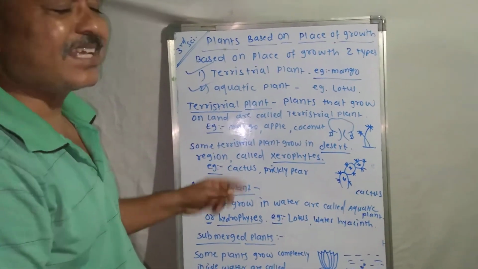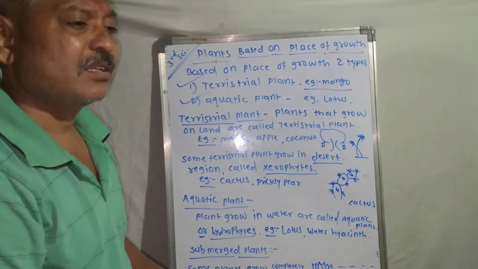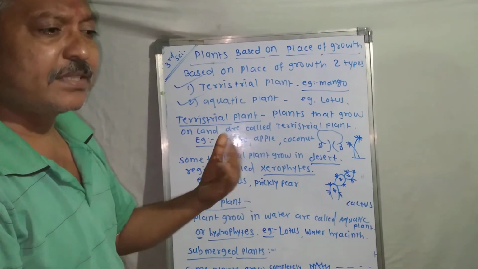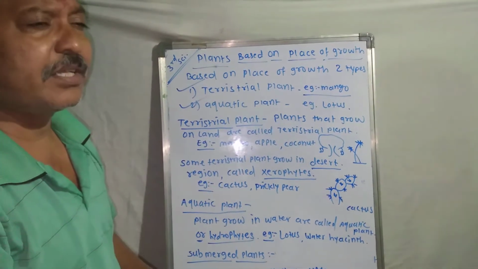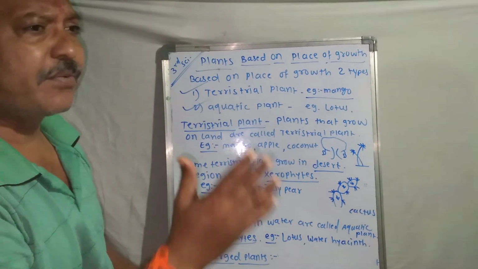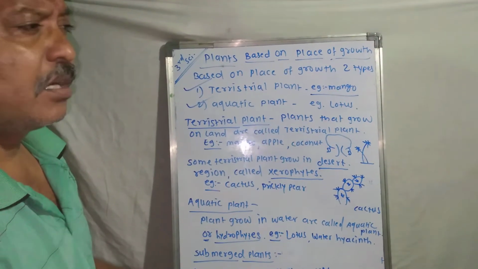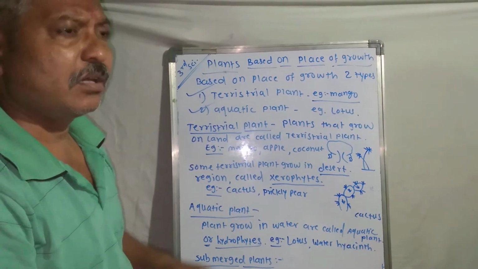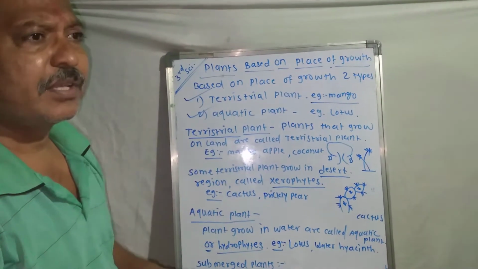Within these terrestrial plants, some plants grow in the desert region. We know that a desert region means a hot area which is covered with sand. All the area is covered with sand, and that region receives a small amount of rainfall, or sometimes no rain falls.